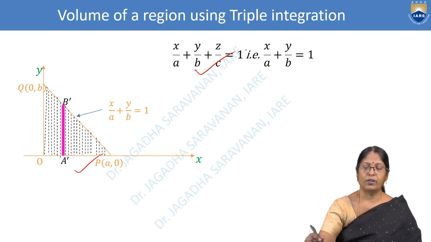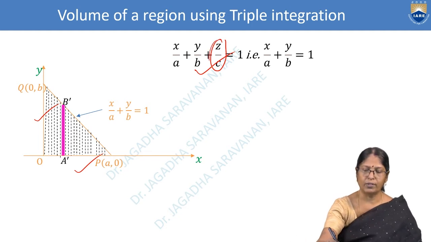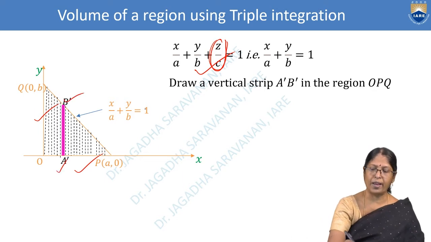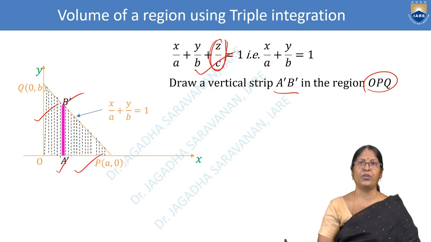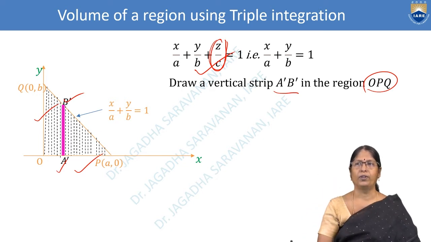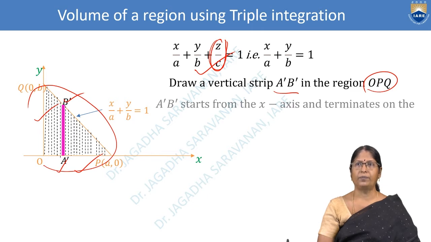So this is our three-dimensional plane, and we are concentrating on only the XY plane. Now this is a vertical strip, A dash, B dash. The surface part OPQ is in the XY plane, and the shape there is a triangle.